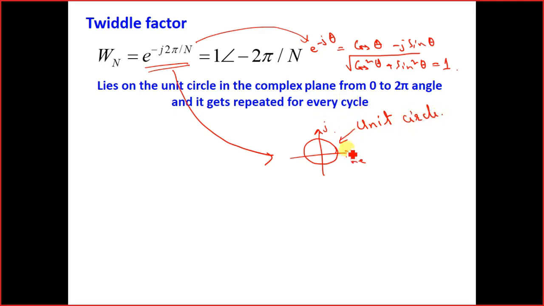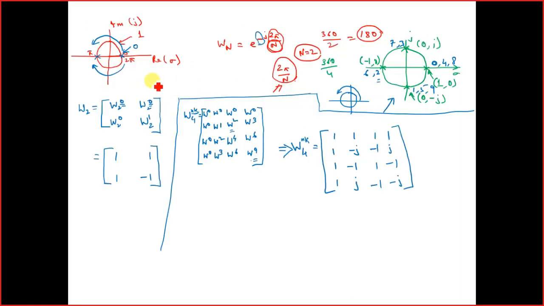Okay, now if you see this unit circle, it starts from 0 and it moves down and comes back to 0 again, which is basically the 2 pi. Now if I have to calculate the Twiddle factor matrix for, say, W_2, our n is 0, 1 and k is 0, 1.